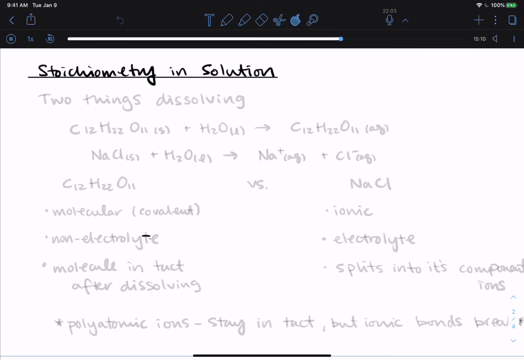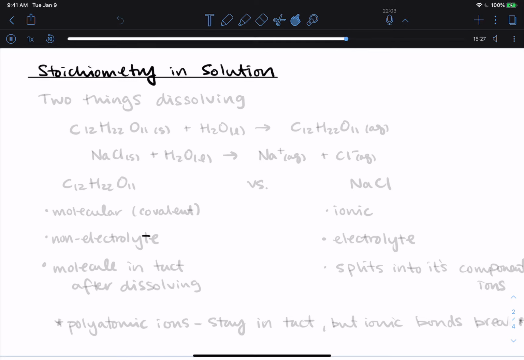So 1 mole of CO2 had 1 mole of carbon. So we're going to use that, and then we're going to use one other thing that is related to what you learned when you were naming compounds.